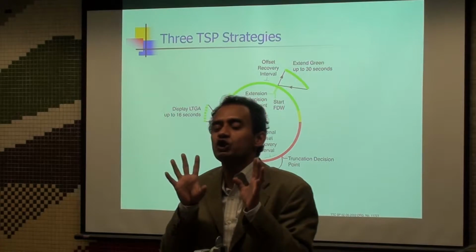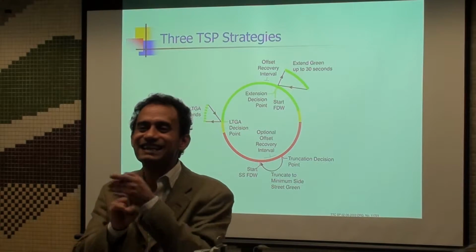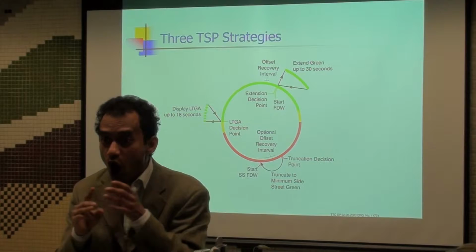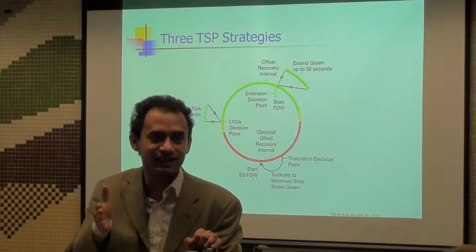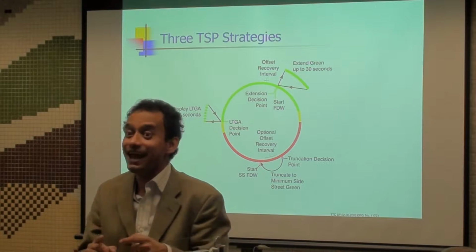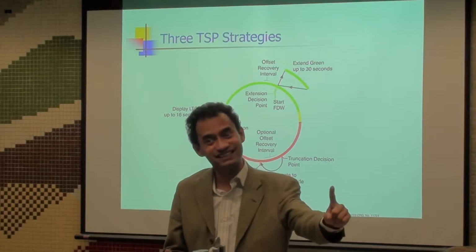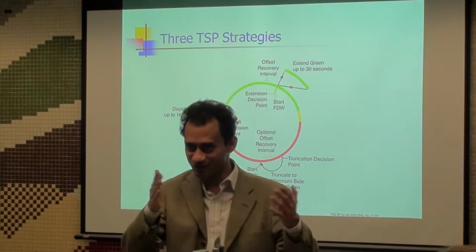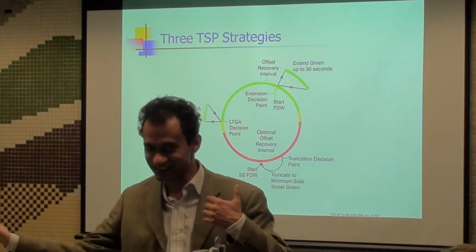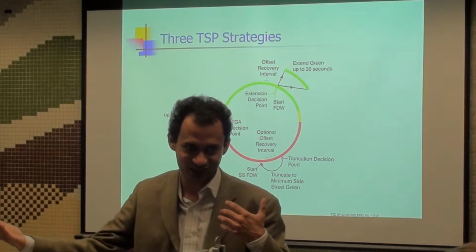It does three things mainly. One is green extension of the route in which that transit vehicle is coming. So green extension, but it needs to truncate the red on the other side, because you have to do red truncation on that side, right?